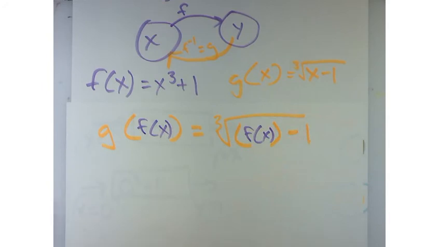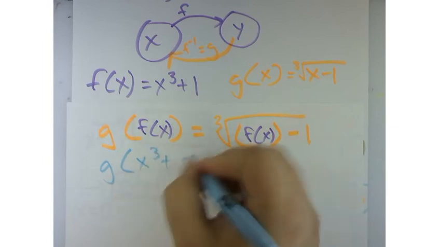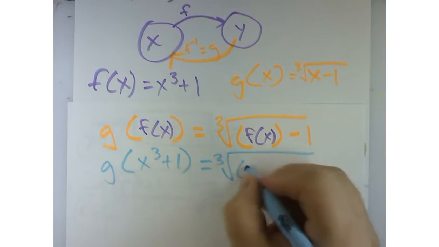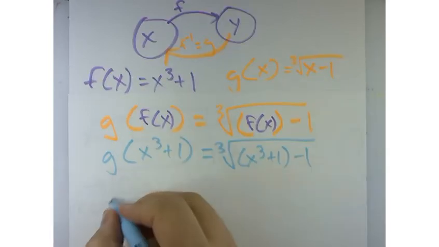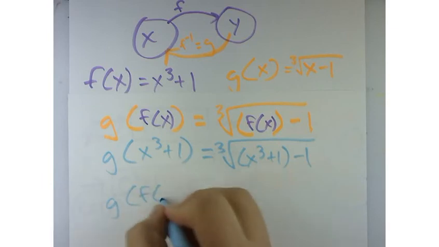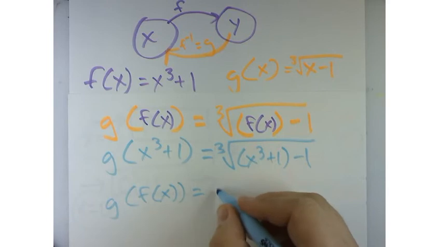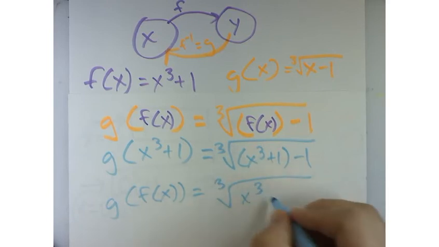So in my next line, I'm going to get g of, what was f of x? x cubed plus 1. And then we're going to take the cube root of x cubed plus 1 minus 1. Well, g of f of x, which is what we're really solving, reduces down to the cube root of x cubed plus 1 minus 1.